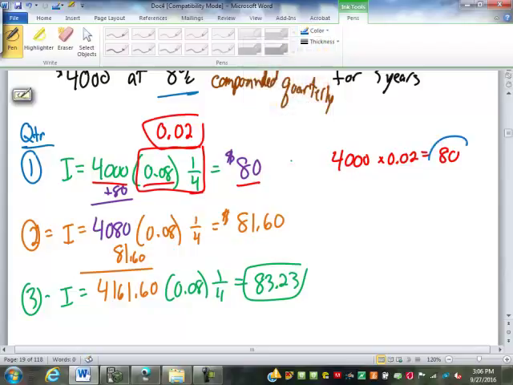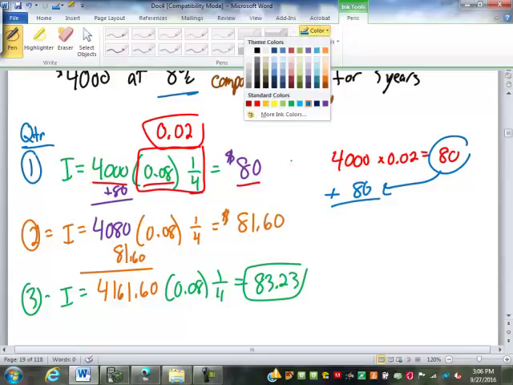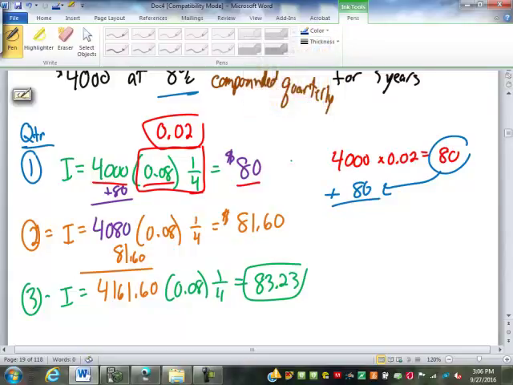Once I found that $80, what did I do to it? I added it back on, didn't I? So if I look at this, the $80 was 2%. The 4,000 is what percent? Well, the starting amount is always 100%. 100% plus 2% is 102%. So what I ended up with at the end of each period is 102% of what I started with.